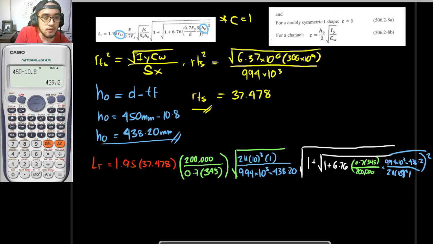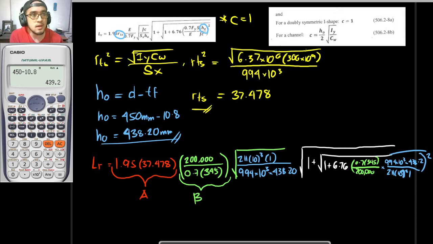I would solve for this and store it in my calculator as A. After that, I would solve for this and store it as B. Shift store B. And as for this, I would store it as C. As you can see, this green part is actually the inverse of this. 200,000 divided by 0.7 times 345, and here, 0.7 times 345 divided by 200,000.